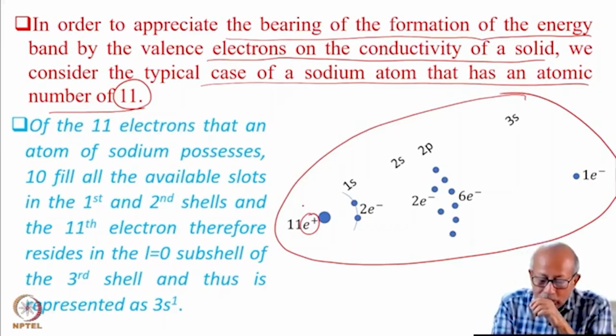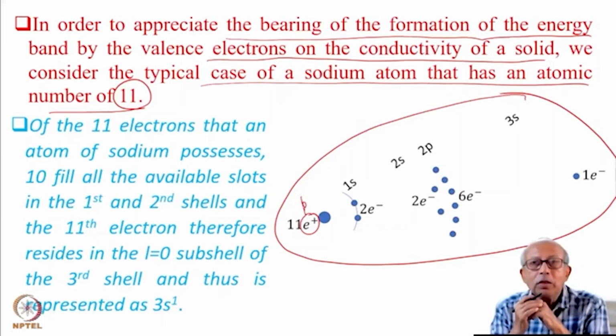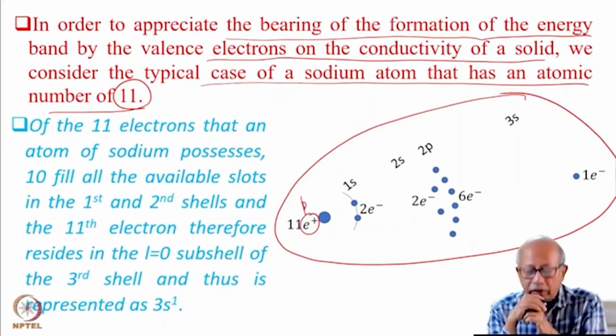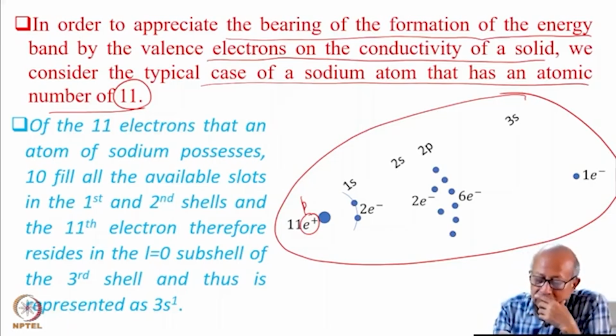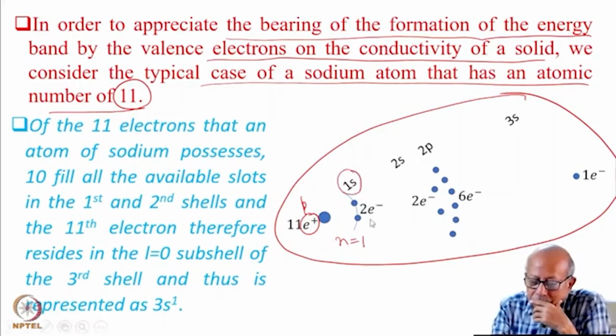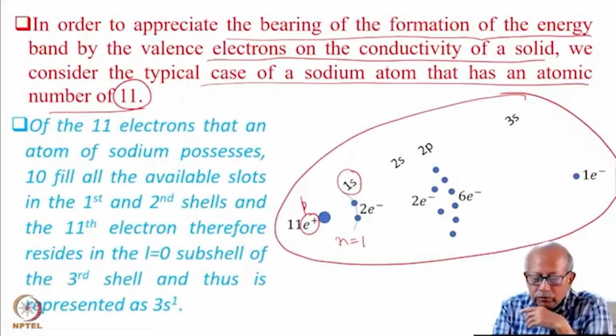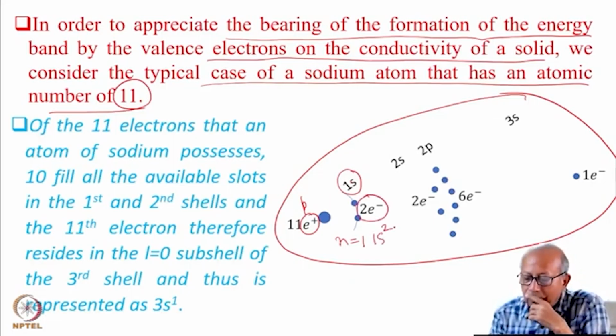This is a proton, its mass is much too large compared to that of an electron. So out of these 11 electrons, as we have seen, the first energy level, which is n equal to 1, has only one subshell that has two electrons, which can be indicated as 1s2.